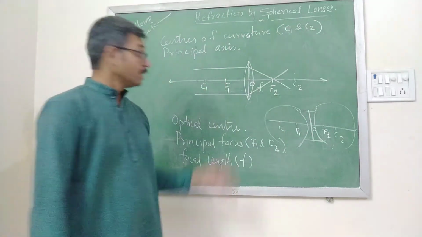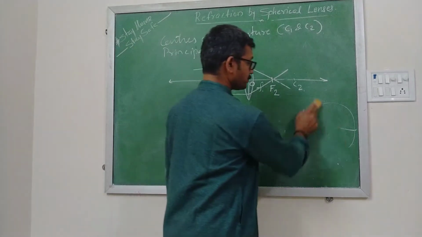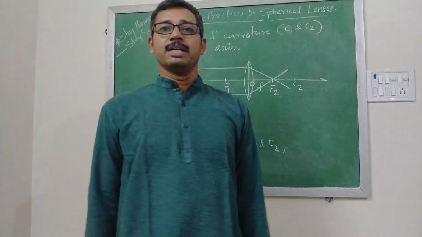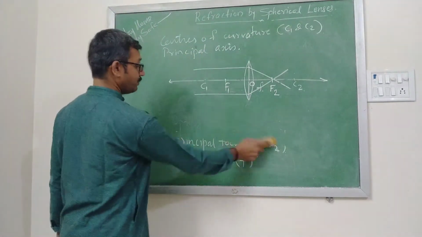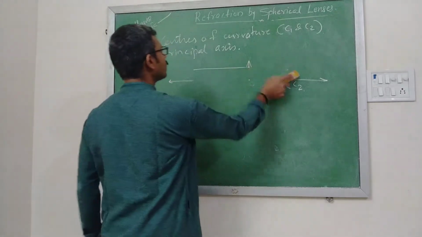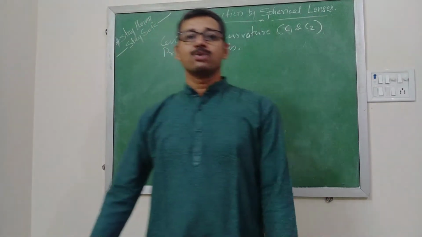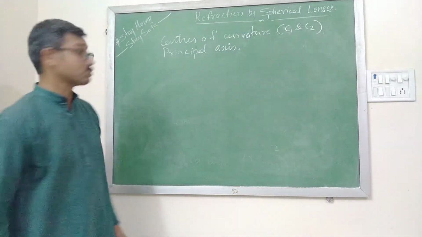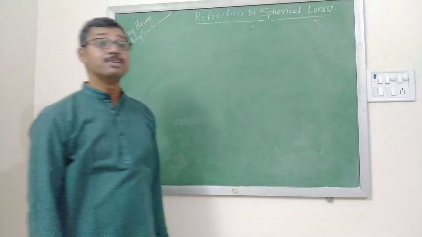Sure, all of you? So these are the terms. Now the next is the convex lens and the concave lens. The convex lens is also called the convergence lens.